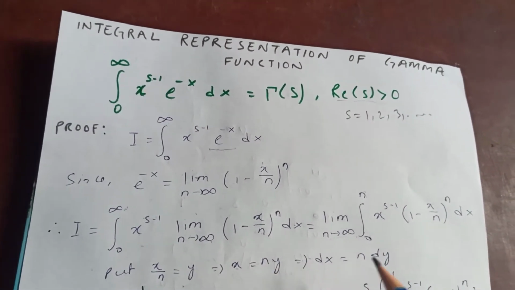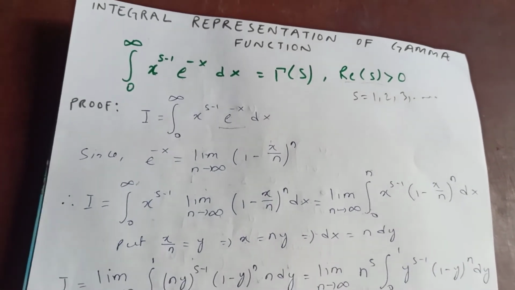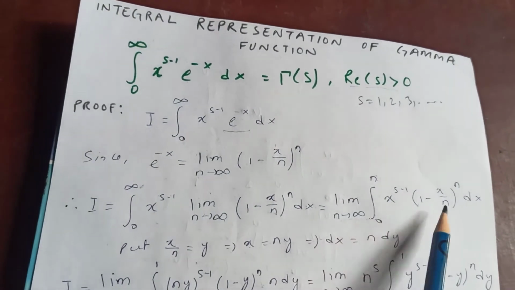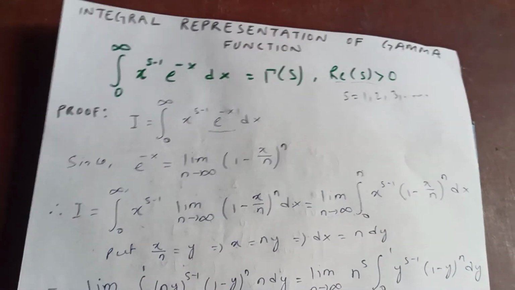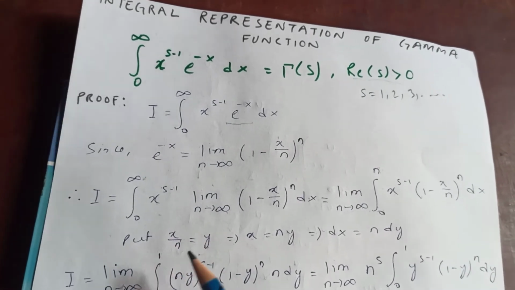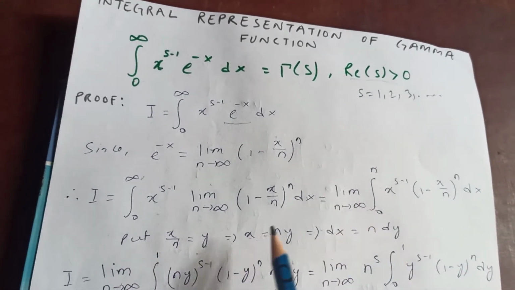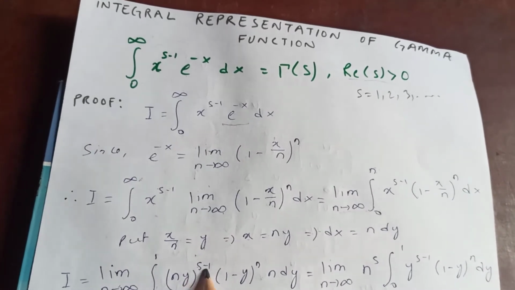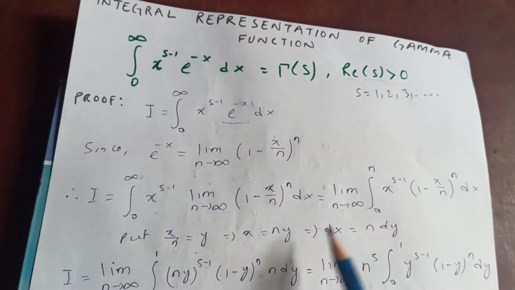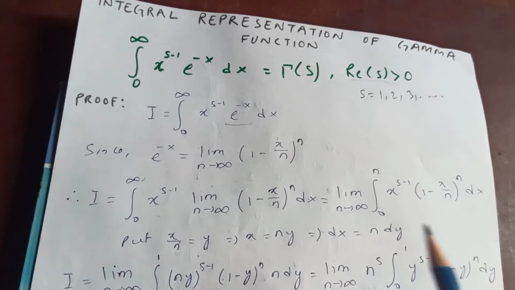so dx is n dy. So you get I equal to limit n tends to infinity. When x tends to 0, y will be 0, and when x tends to n, y will be 1. So x is nothing but ny, so (ny) to the s minus 1, times 1 minus x by n, which is y, so 1 minus y to the n, and dx is n dy.